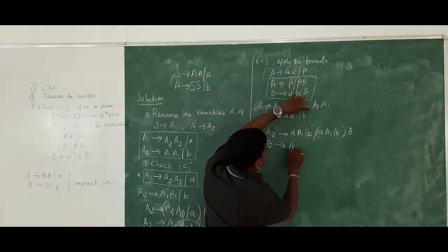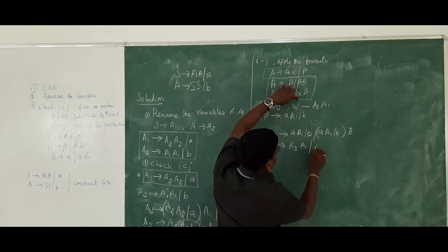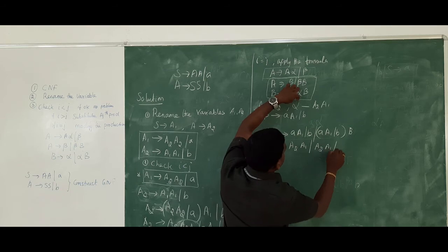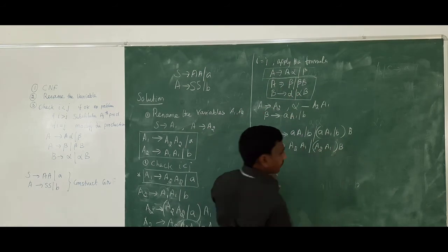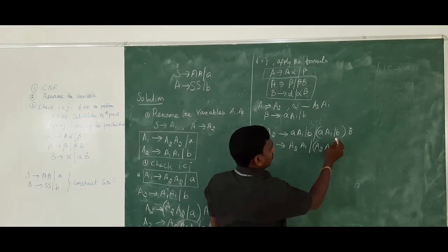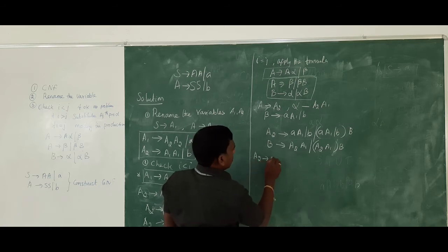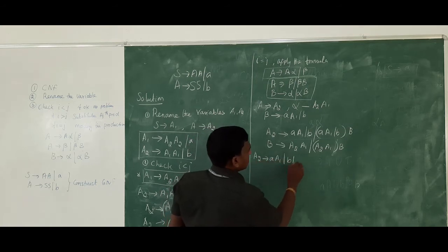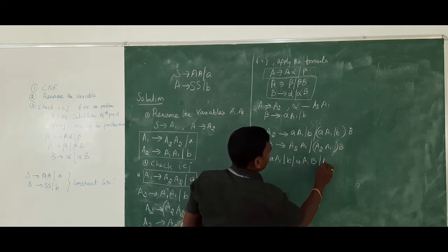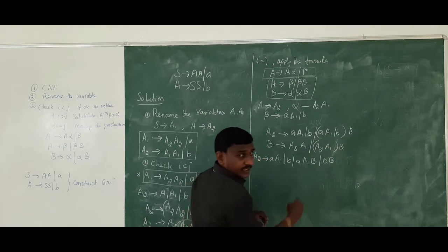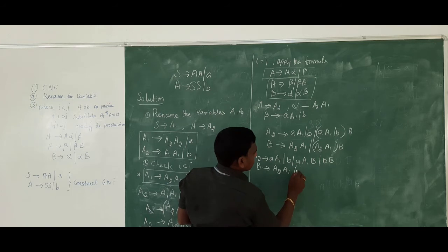Alpha means A2, A1 slash alpha, A1 slash B into B. It is nothing but you have to substitute B inside there. Now A2 tends to A1 slash B slash, I have to substitute here A1 B slash BB. Clear? Only multiplication.